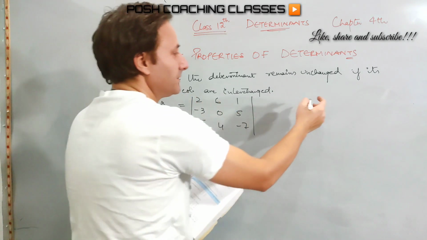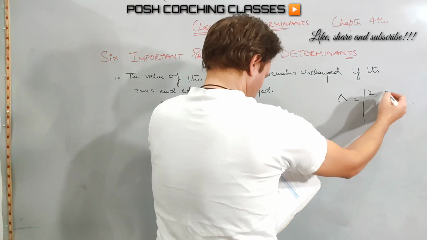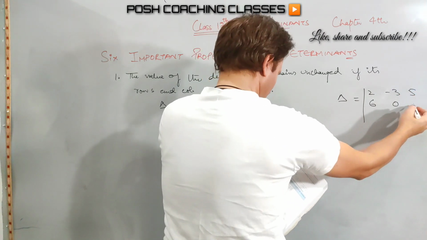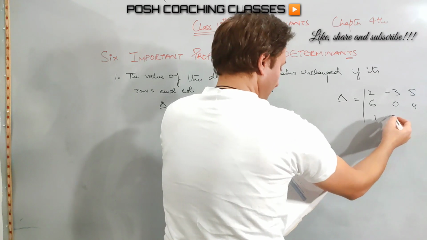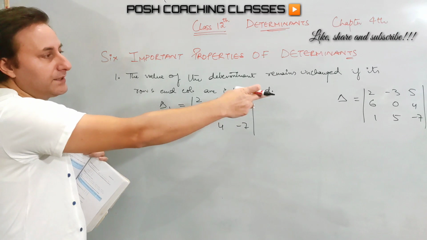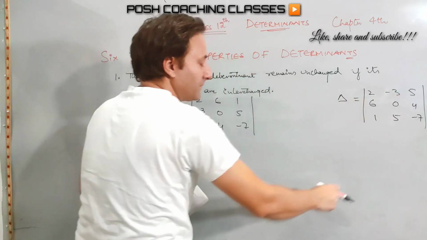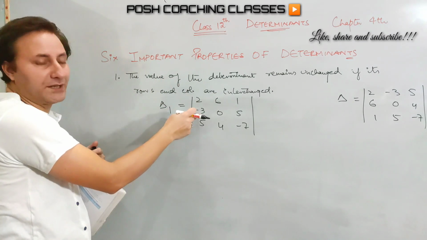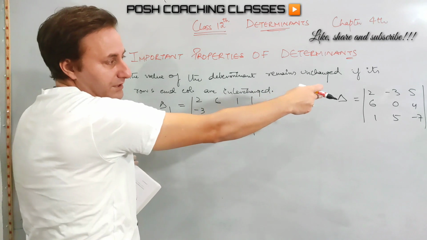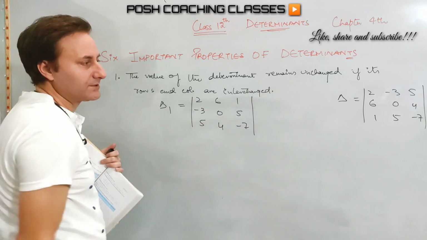If you remember the delta I used earlier, it was 2, minus 3, 5, then 6, 0, 4, and then 1, 5, minus 7. The row that was 2, minus 3, 5 has become the column 2, minus 3, 5. Then 6, 0, 4 was a row there and is a column here, and the same with the last one.